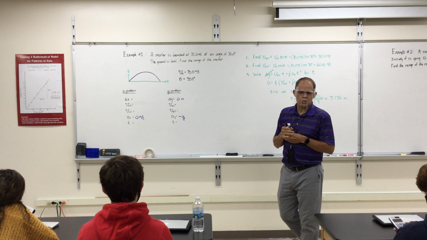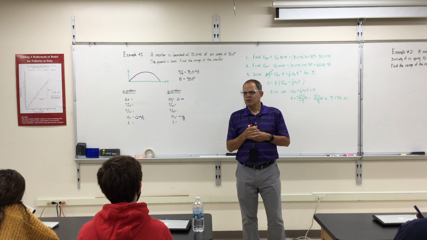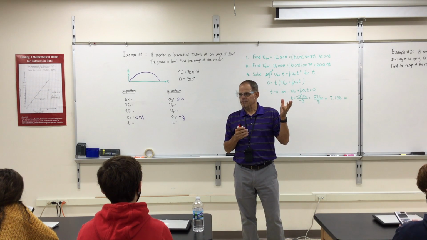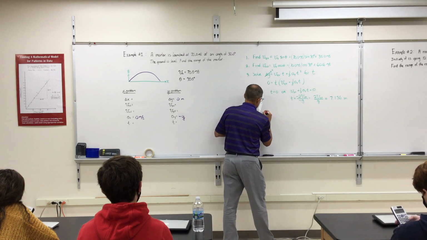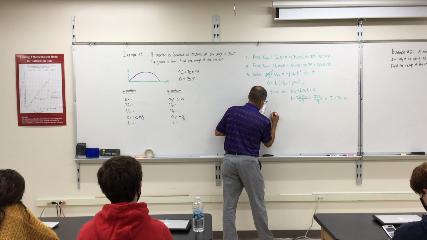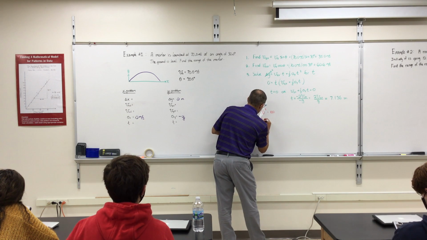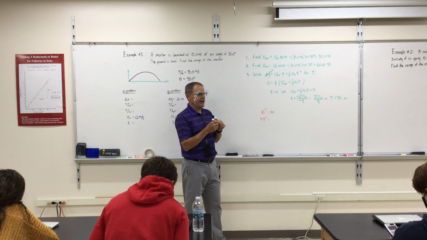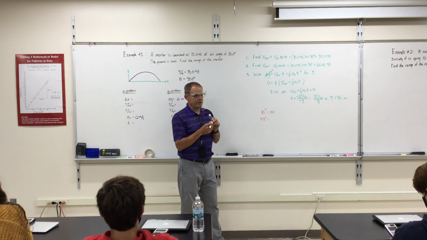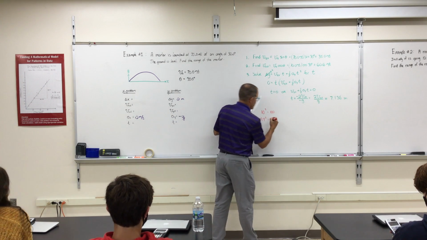So let me just do a quick little exercise here. What's 10 squared? 10 squared is 100, right? What if I took 9.9 and squared it? What do you get? How would you calculate there? What's 9.9 squared?